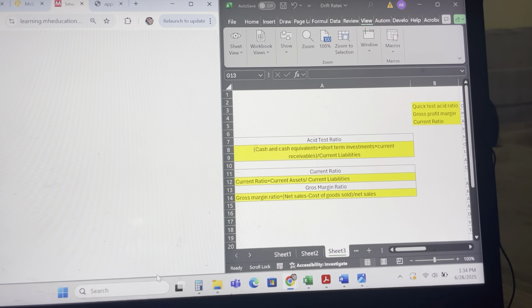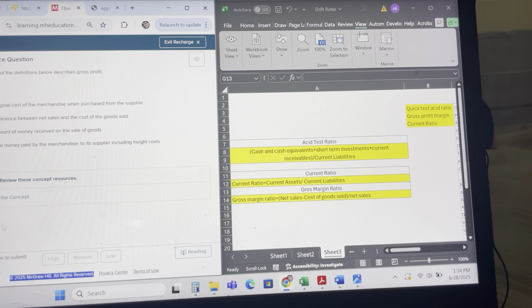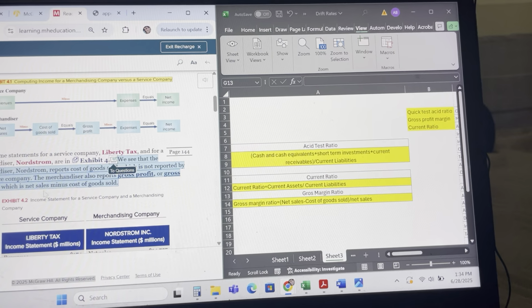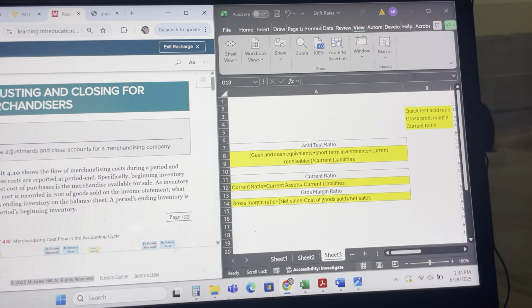But I think it would be good to know about the acid ratio definition.